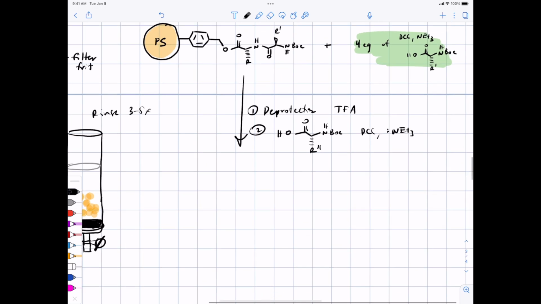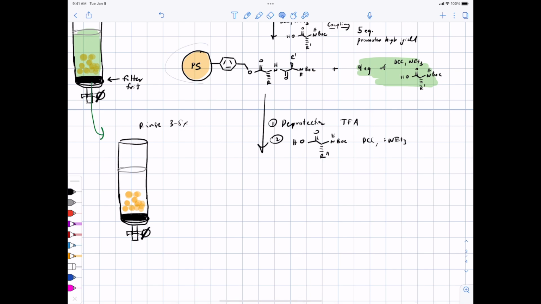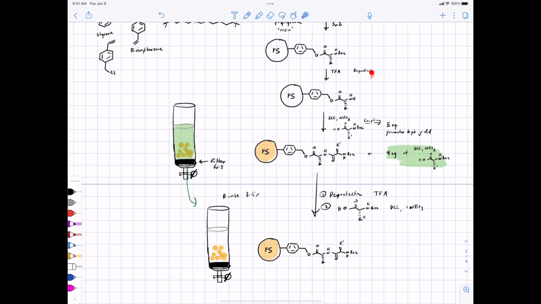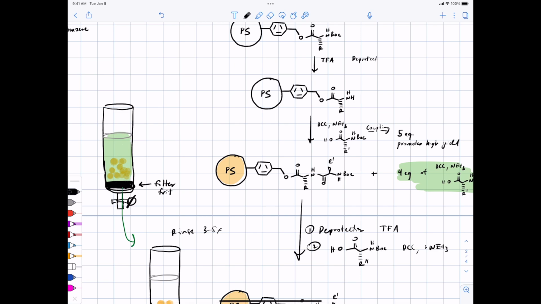DCC and triethylamine again, and again, you rinse. After you do the deprotection step, I should say, you rinse out the TFA, and you drain out the TFA. So in between each of these deprotection steps, there's a drain and a rinse.